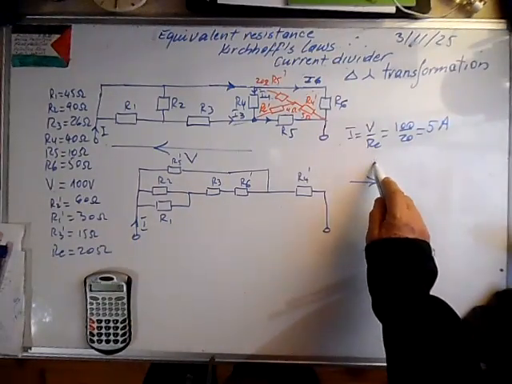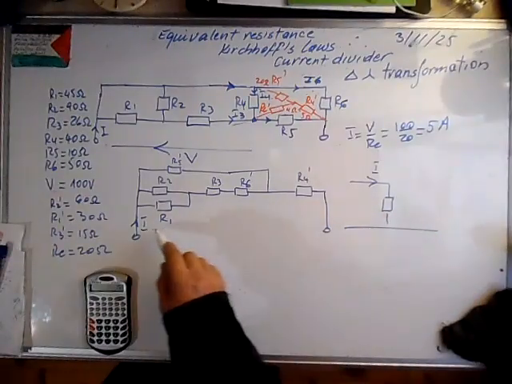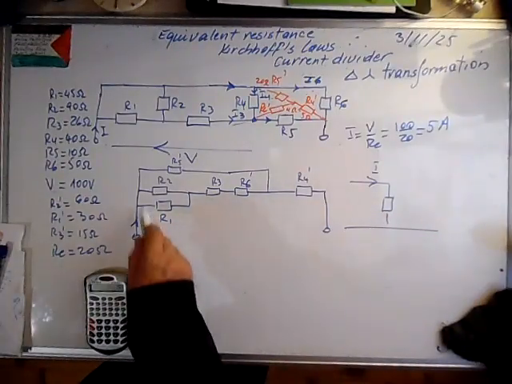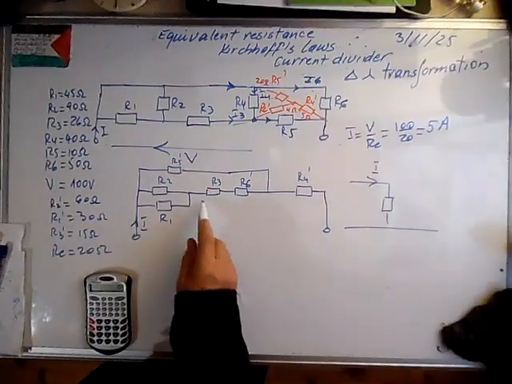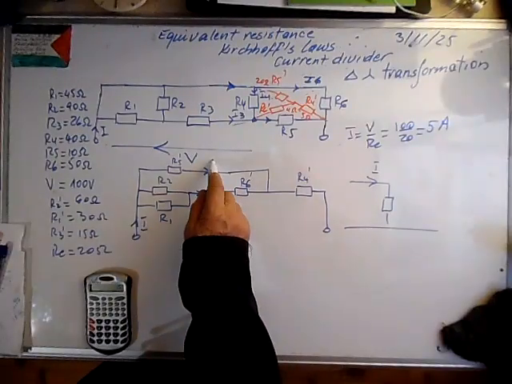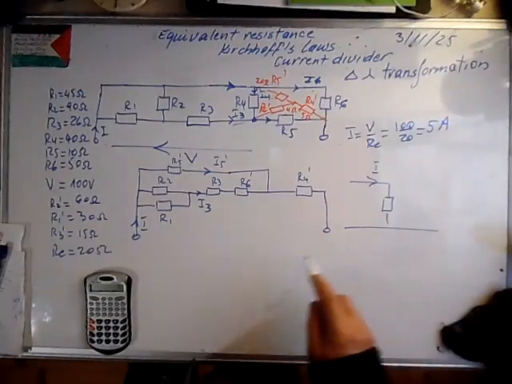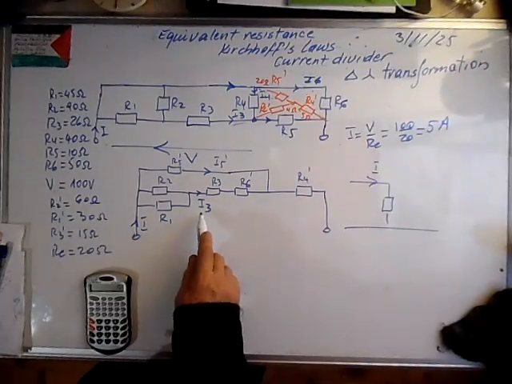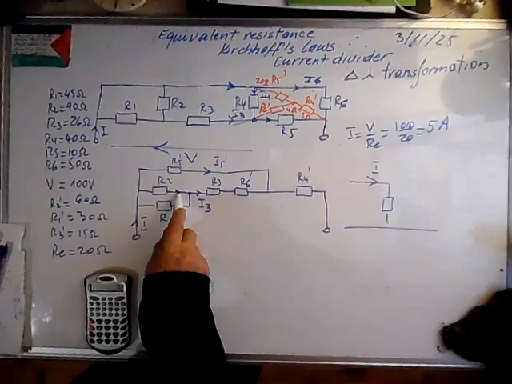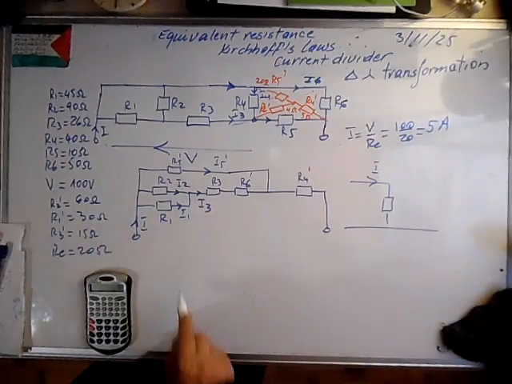Remember the current divider: when we have two resistances in parallel, like here, these are in parallel with this, we can calculate I3, and we can calculate this current, which we will call I5 prime for the moment. Once we know I3, we can calculate I2, and we can calculate I1.